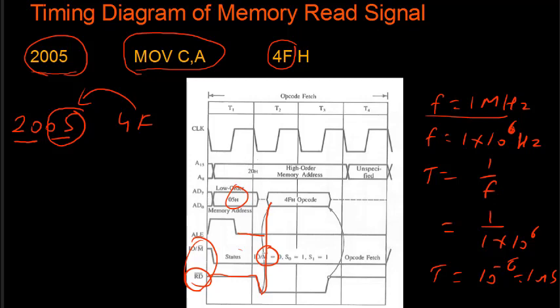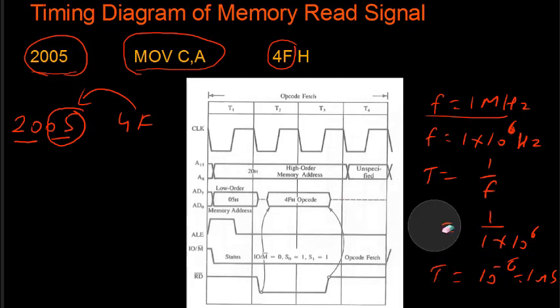ALE becomes low, and the read signal also becomes low. The read remains low for 2 clock pulses, and before the end of the third clock pulse, the signal again becomes high, so the read operation is complete. In this diagram, what we observe is how things are synchronized in every microsecond: this has to be done in the first microsecond, that in the second microsecond, and so on. So this is the timing diagram of the memory read cycle.